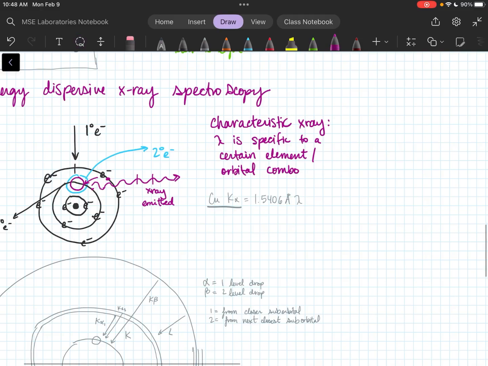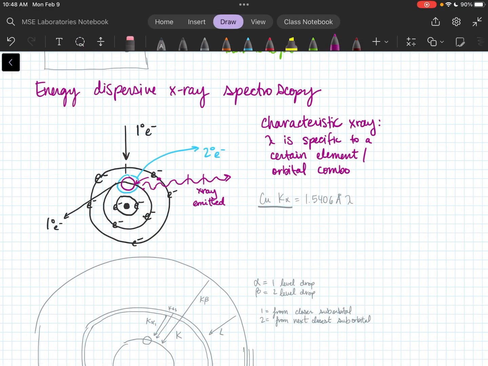I skipped over this just a little bit. The shorthand for this mess is typically EDXS. It can also be EDX or EDS. Something that you will hear sometimes that it is not is EDAX. EDAX could be an attempt to pronounce whatever that is.